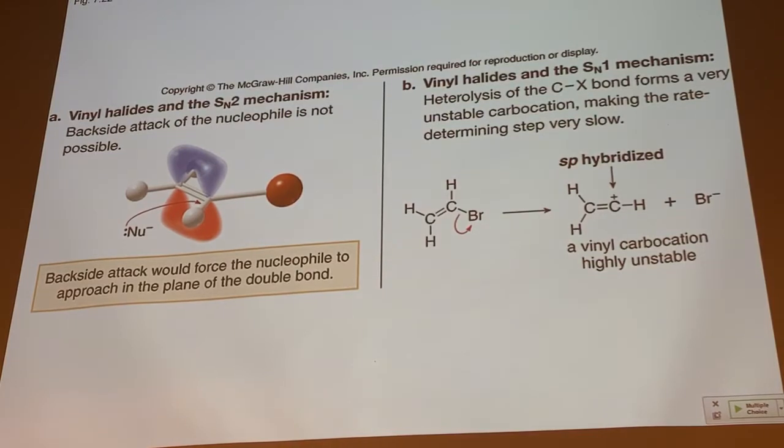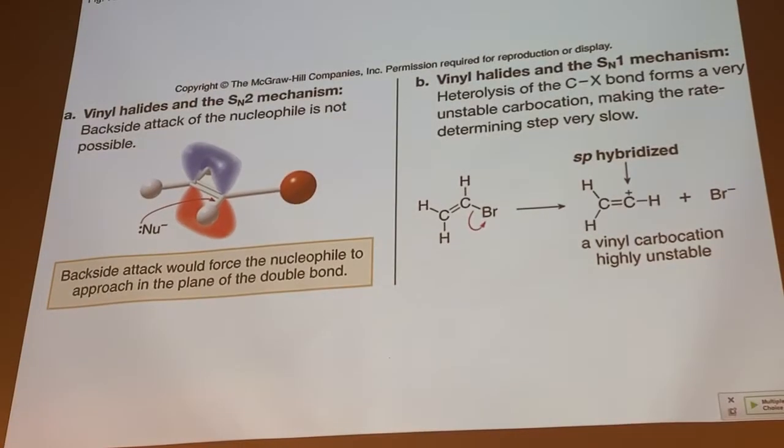And then the second problem is that since our sp2 carbon is planar, the nucleophile would have to approach in the same plane as these two groups that are pointing towards it. So you would have a lot of steric hindrance as well. So electrostatic repulsion combined with steric hindrance is going to prevent an SN2 reaction from occurring on a vinyl halide or an aryl halide.